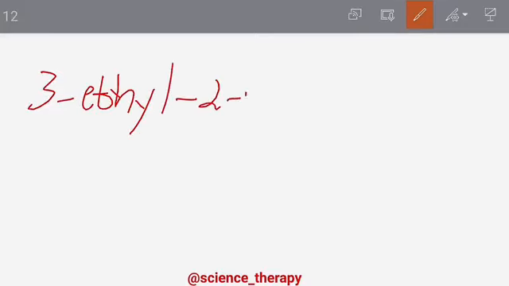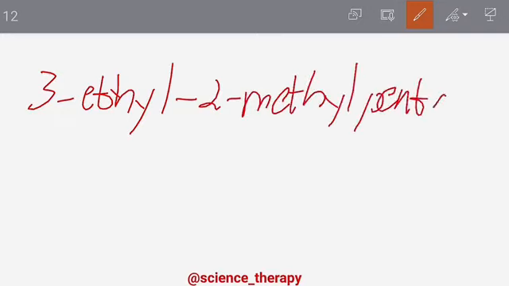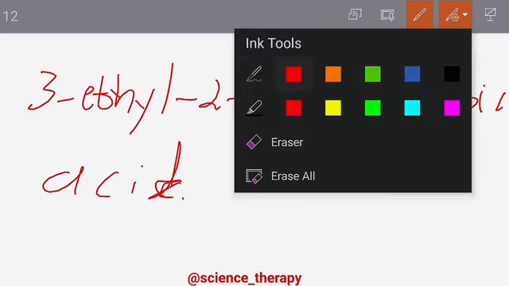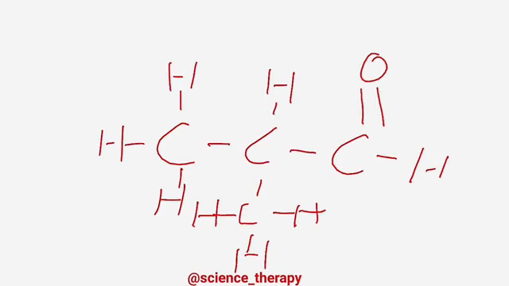It's gonna be 3-ethyl 2-methyl. But remember, we have 5 carbons, so this is pentanoic, since it belongs in the carboxylic acid homologous series. So we have 3-ethyl 2-methyl pentanoic acid, and that's the IUPAC name.